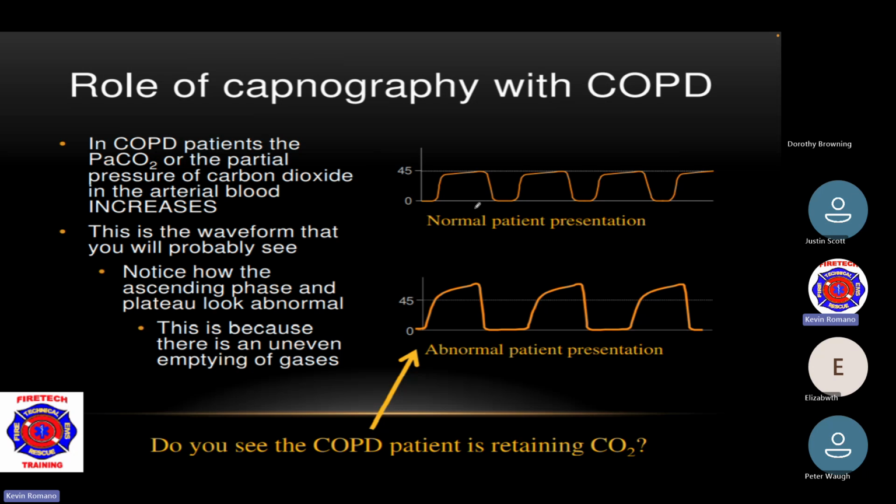This is because there's an uneven emptying of gases, as you can see here. So it's zeroed out, comes up, and then it empties differently, uneven, which means it's going to get you a higher reading of end-tidal up here versus the normal 45. Right? So as you can see, this is what they call retention of carbon dioxide.